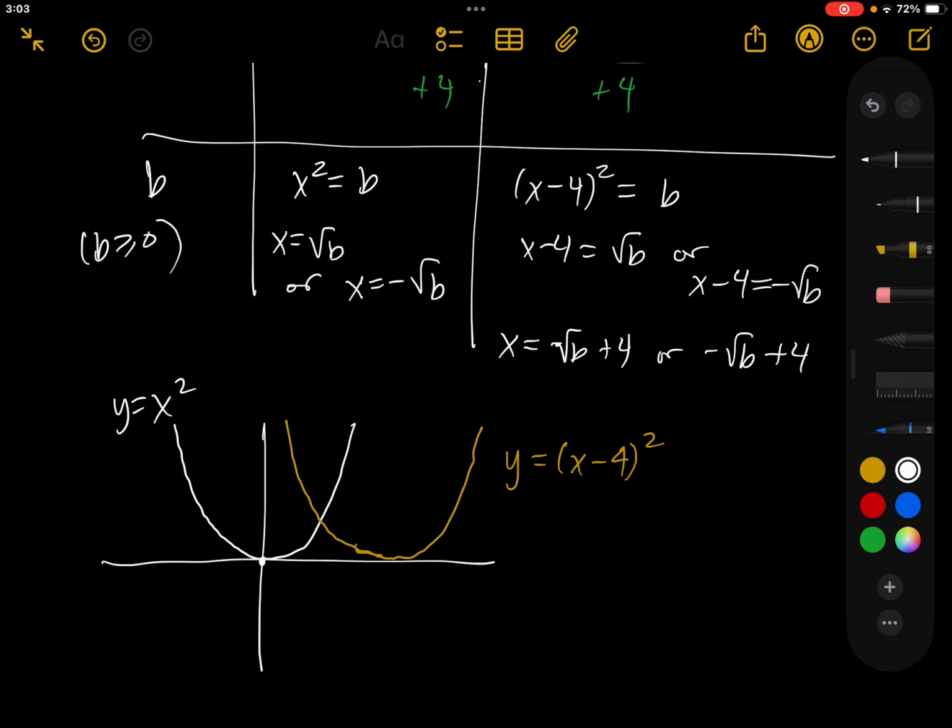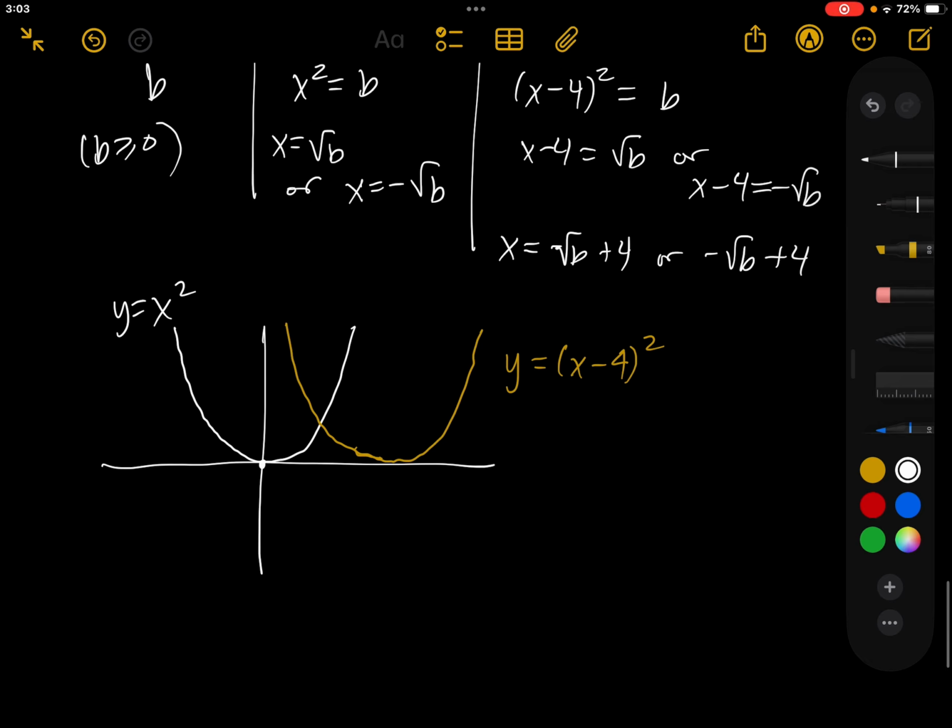And that might seem counterintuitive at first, but if you think about it, look at what happens with the vertex. The point 0, 0 is on y equals x squared, because 0 squared is 0. But the vertex of x minus 4 in parentheses squared is actually 4 comma 0.